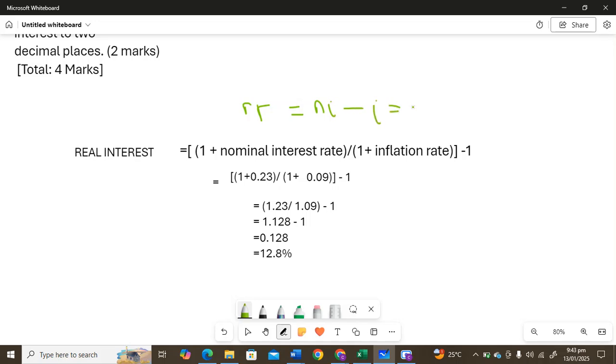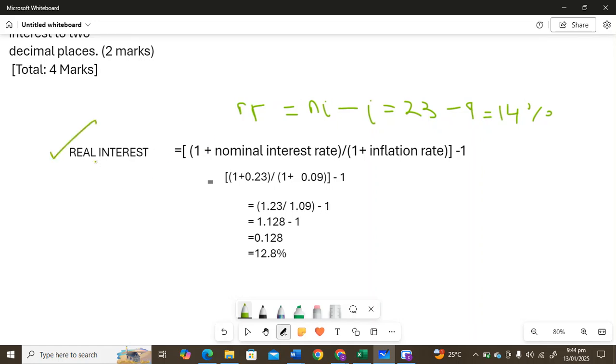So if we use this simple formula, it's the same as saying 23% minus 9%, that gives us 14%. As I said, they'll give you close values, but this complicated formula is the most accurate. Any questions before we go to the second part?